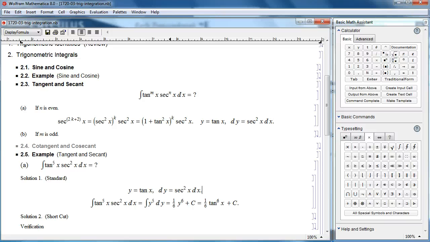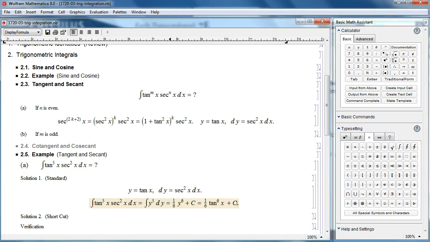Consequently, the secant squared dx will be substituted by dy, and the tangent to the 5th power will be rewritten as y to the 5th power. So we have an integral of a power function. The antiderivative is easy: 1/6 y to the 6th power, and consequently we have 1/6 tangent to the 6th power.